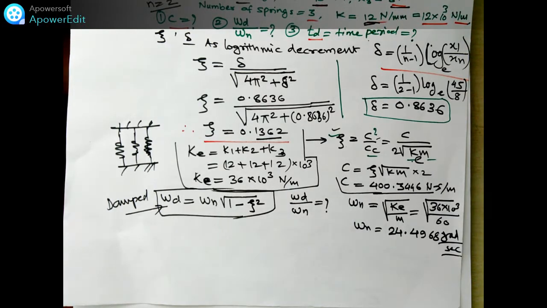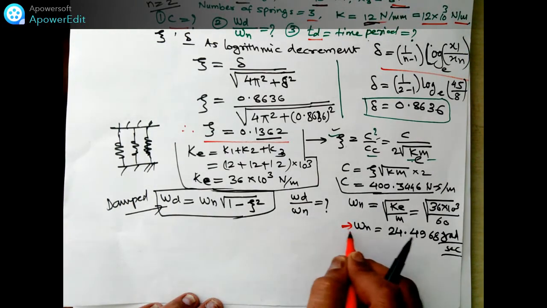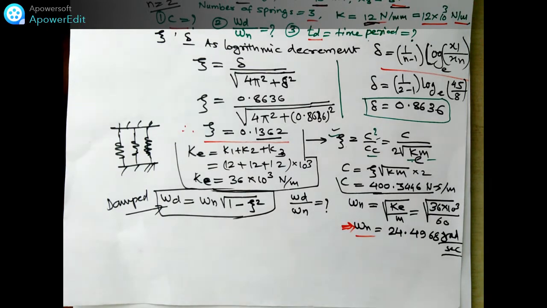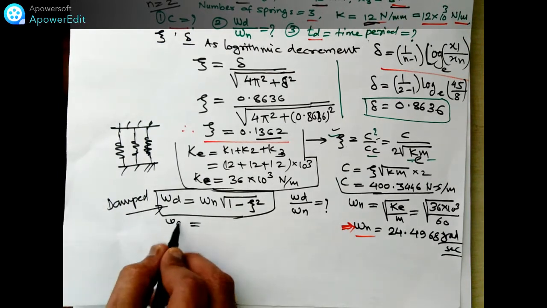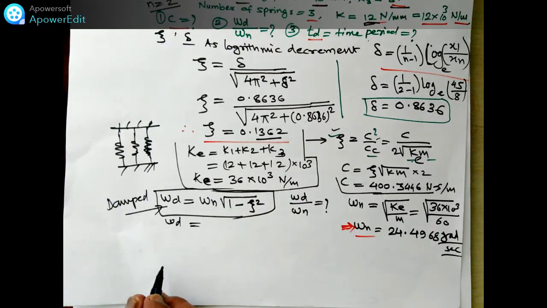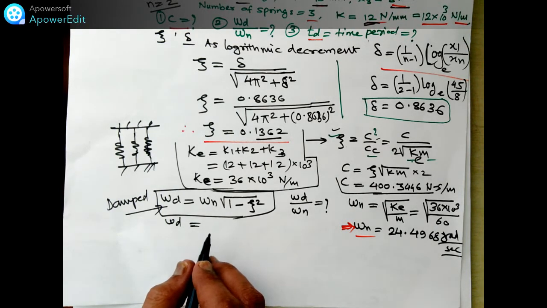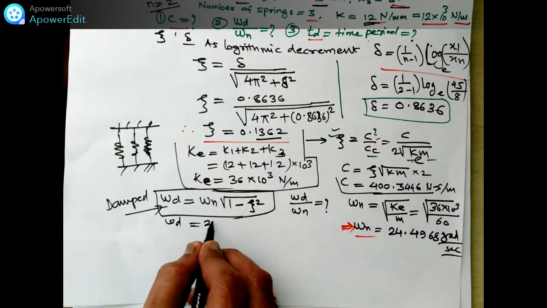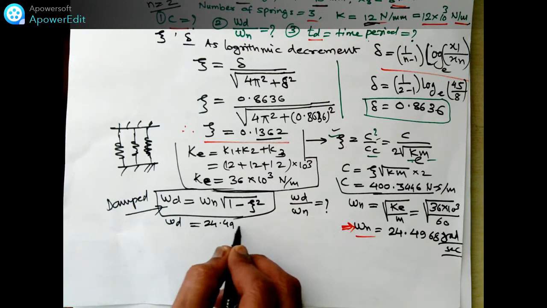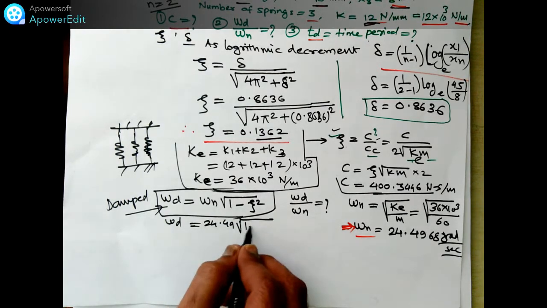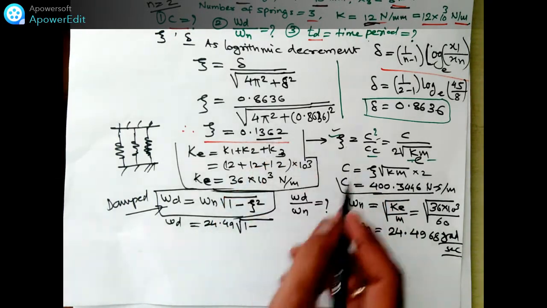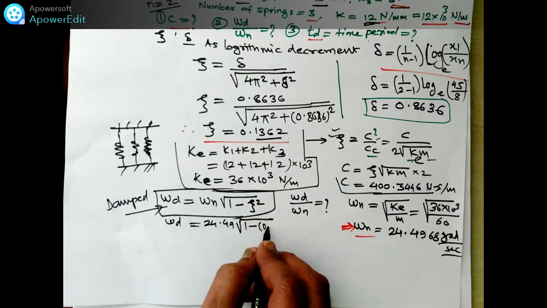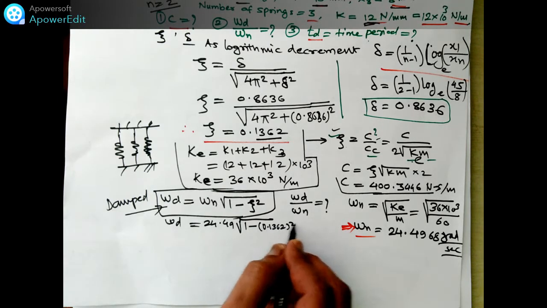Friends, here what have we obtained? Wn, omega n, the natural frequency. By putting it in this equation, we can find the damped frequency. I will write the damped frequency as 24.49 inside the bracket, 1 minus zeta, where zeta is already calculated as 0.1362, square.